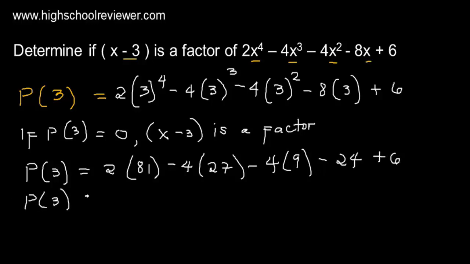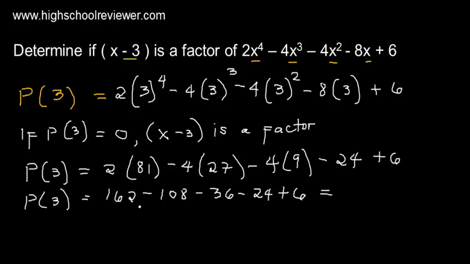p(3) will be equal to 2 multiplied by 81 is positive 162 minus 4 multiplied by 27, that is 108 minus 4 times 9, that is 36 minus 24 plus 6.